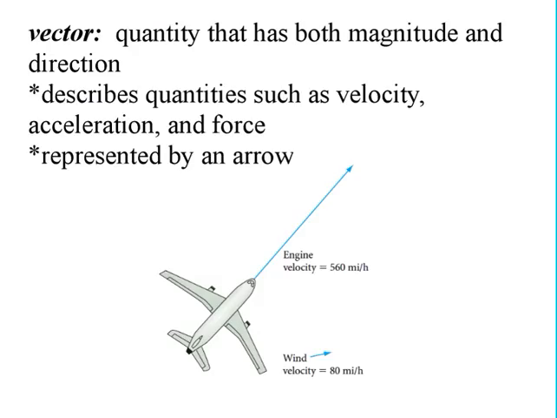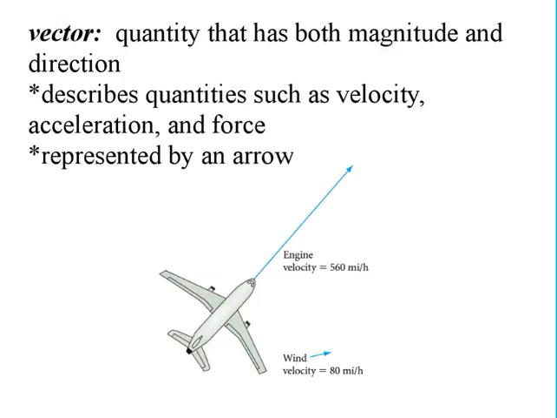Okay, the last thing we're going to talk about is something known as vectors. A vector is a quantity that has both magnitude and direction. This is something that's discussed a lot in physics. When it says magnitude, that means size.